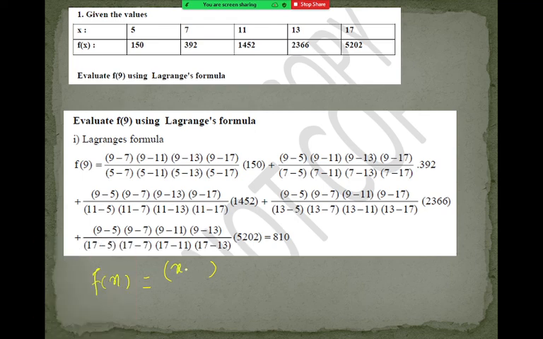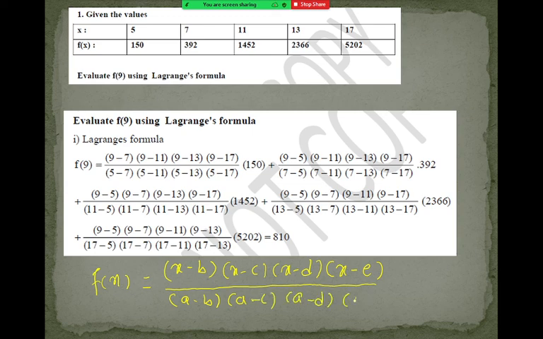This is the formula: x minus b into x minus c into x minus d into x minus e divided by a minus b, a minus c, a minus d, a minus e into f of a, plus so on. So on means you have to write the terms up to plus f of e also. I hope you are getting it. Any doubt?